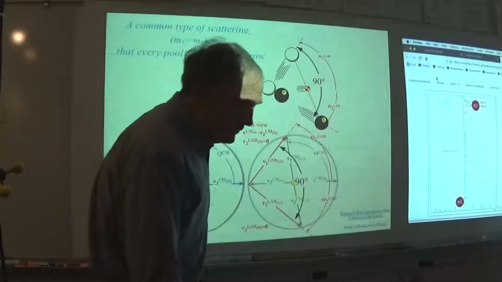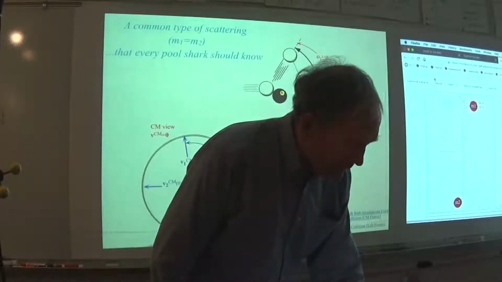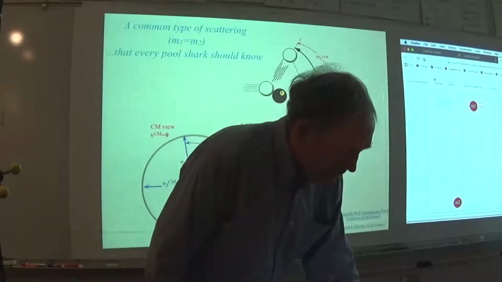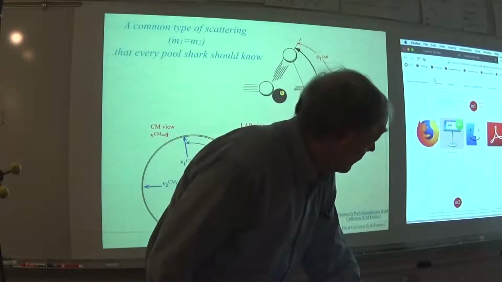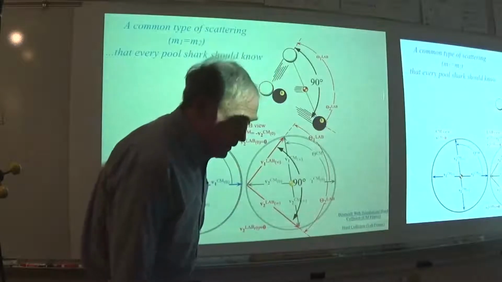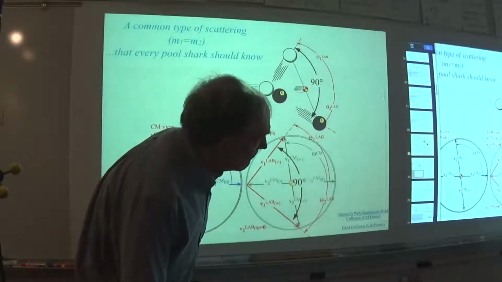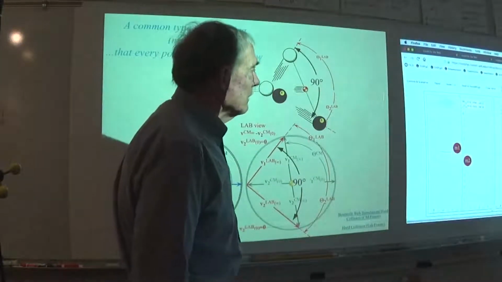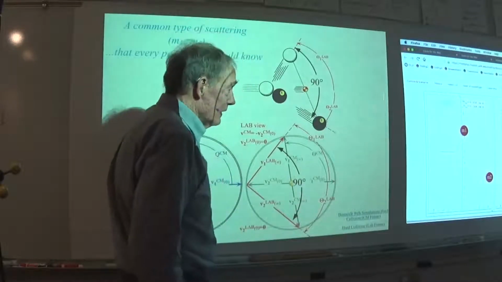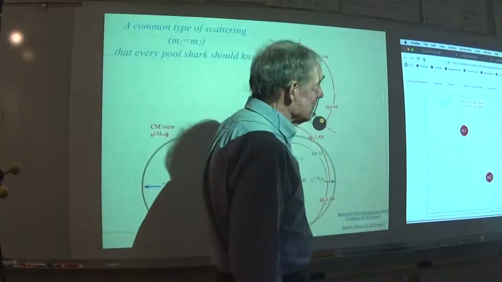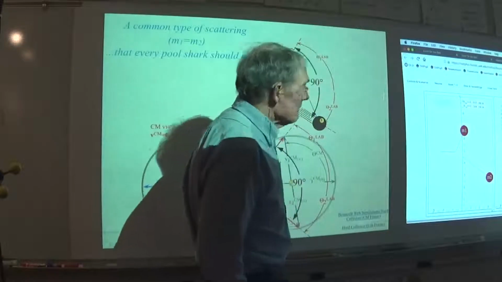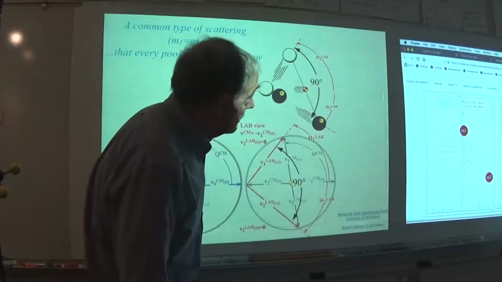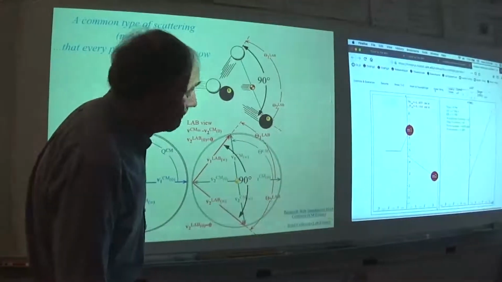All right, let's get this one back home as well. Although I think it's probably worth noting that this one does a hard collision in the lab frame as well. That's what we're interested in here, is the lab frame, very clearly a right angle occurring in that case.